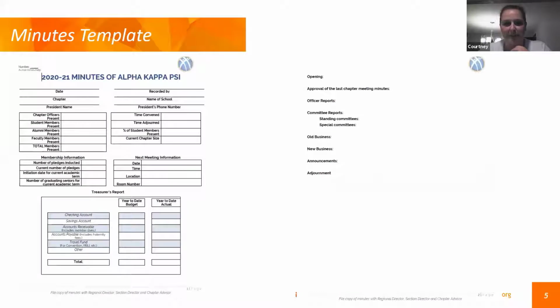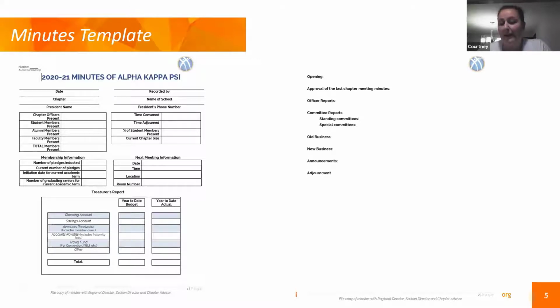Perfect. Thank you. Okay, so there are several steps you need to take in order to have complete minutes as a secretary. In this template that is on the screen, you just are going to go through everything and fill it all out. So step 1, contain the type of meeting, the date, the time, and place.